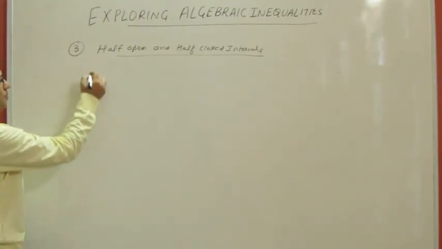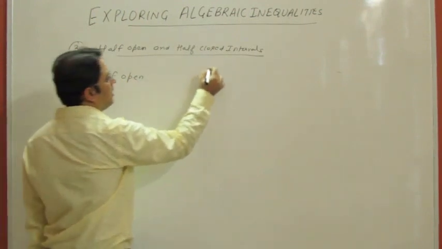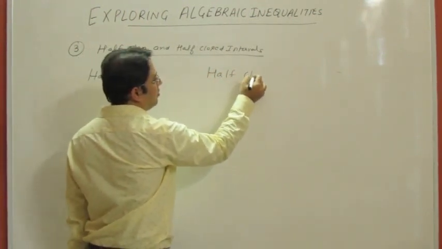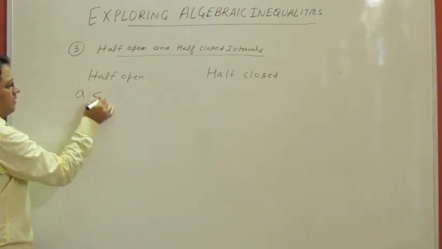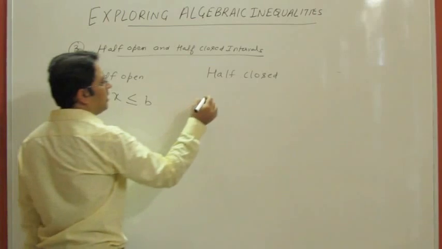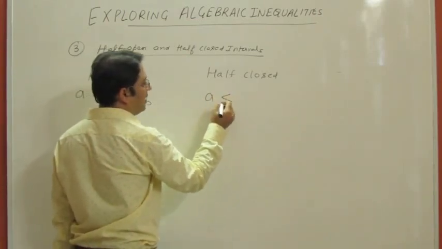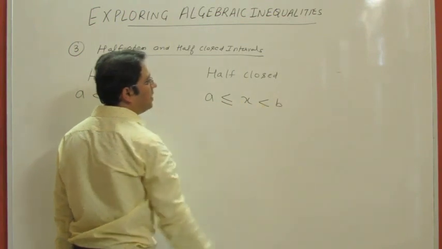So here we write a less than x less than equal to b, and in half closed we write a less than equal to x less than b.